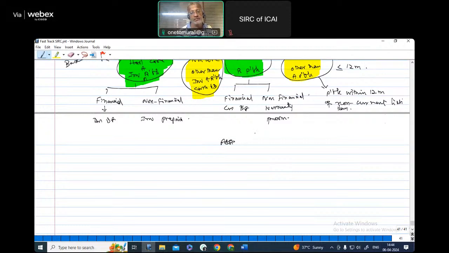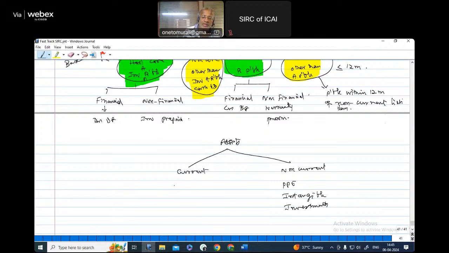Assets are to be classified into current and non-current. Under that category, you have PPE, intangibles, and investments.